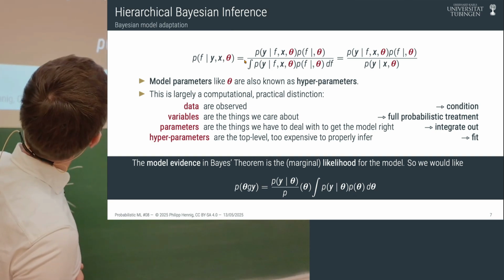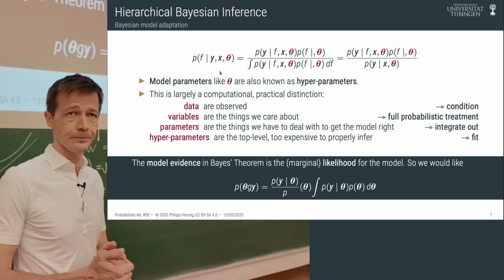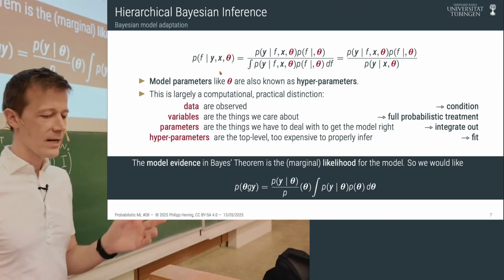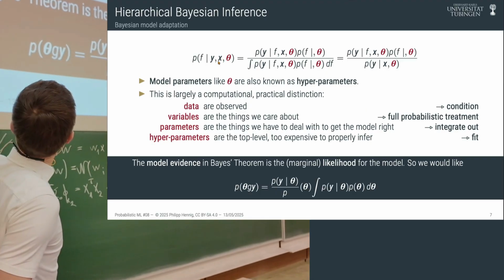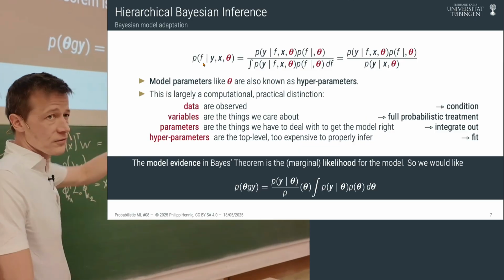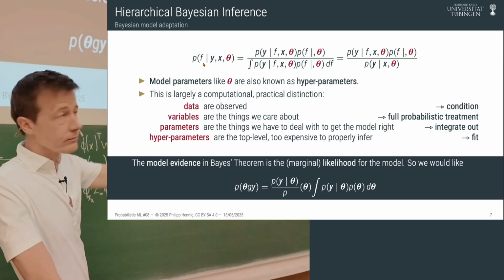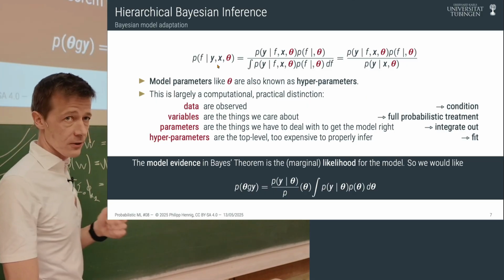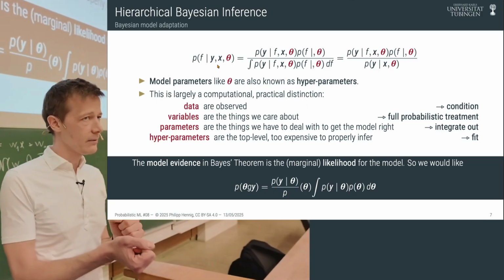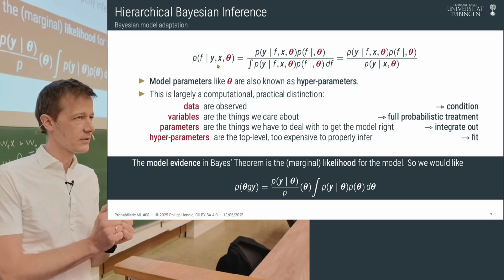So remember that we're using Bayes' theorem to do inference, but we're actually using it to do inference on something very specific. In our case, we're doing inference on our unknown function f, by conditioning on observations, on data. Let's call them x and y.